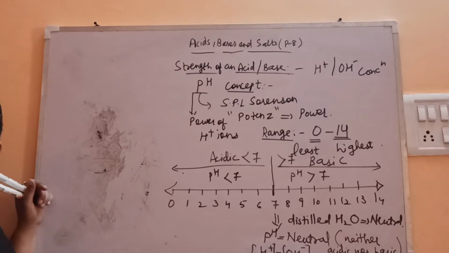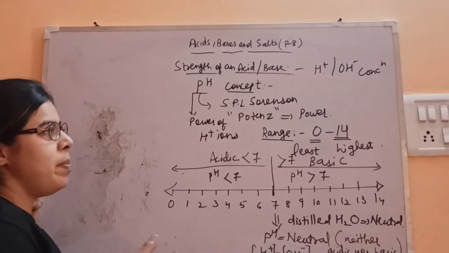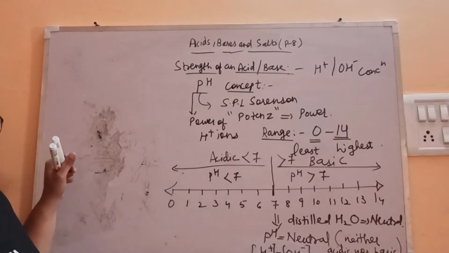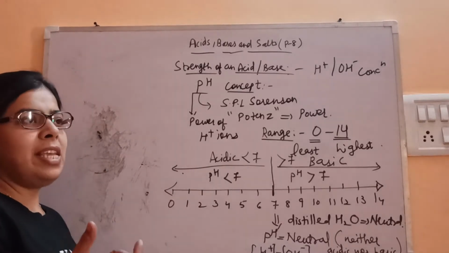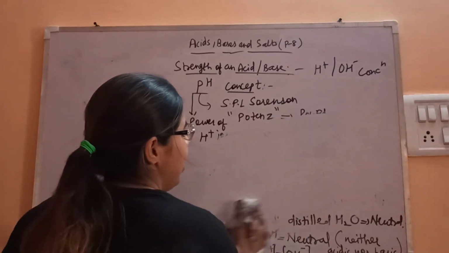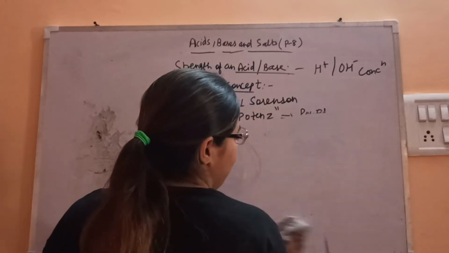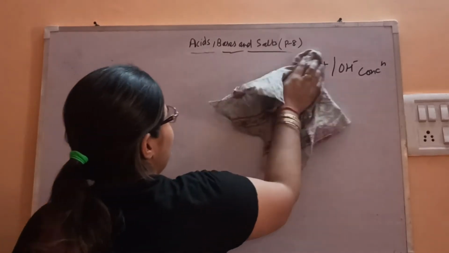How will we measure pH of different solutions? With the help of pH strips. We are talking about the universal indicator, which is available in the form of solution as well as in the form of strips.